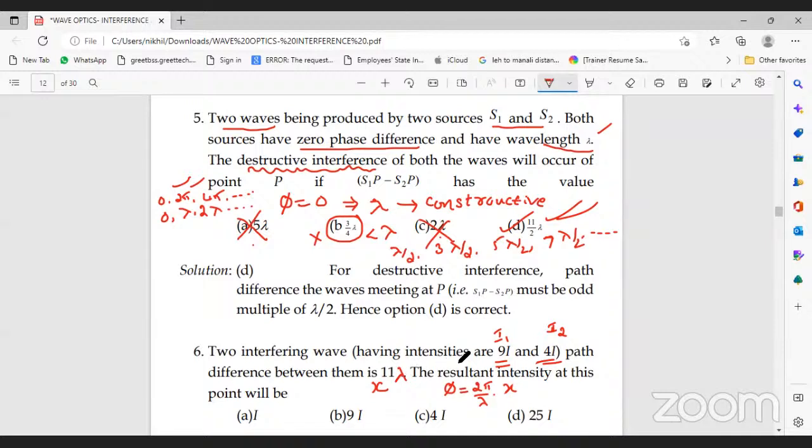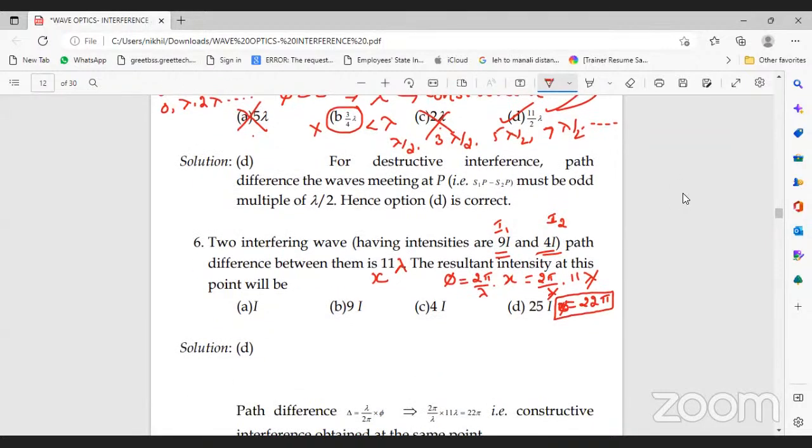What path difference have they given? 11 lambda, so lambda will get cancelled out. 11 times 2 is 22 pi. So what is the phase difference? 22 pi.